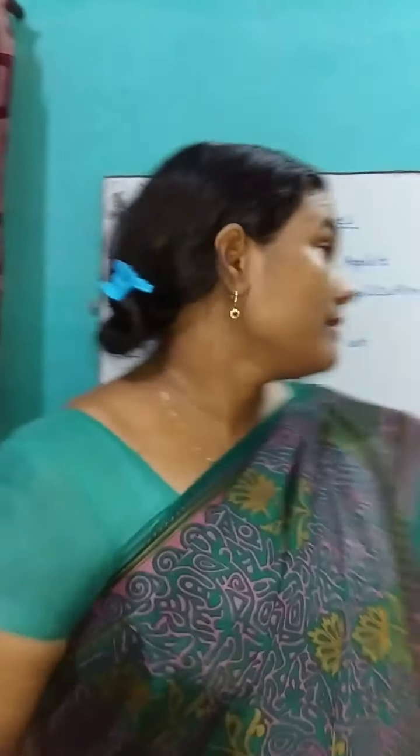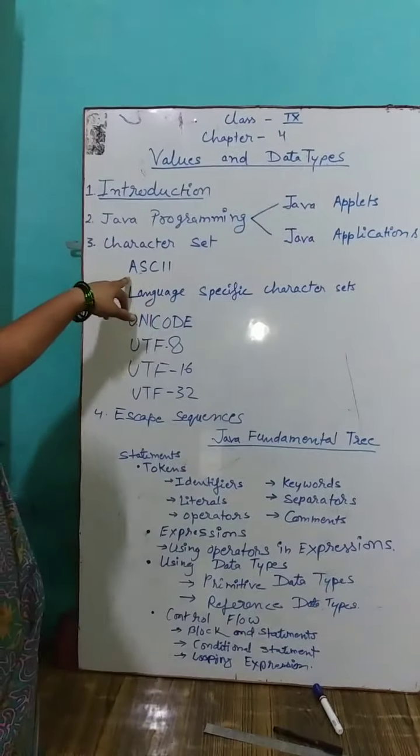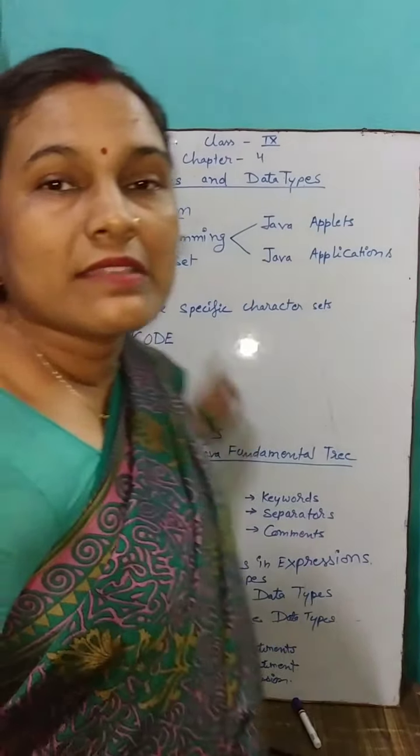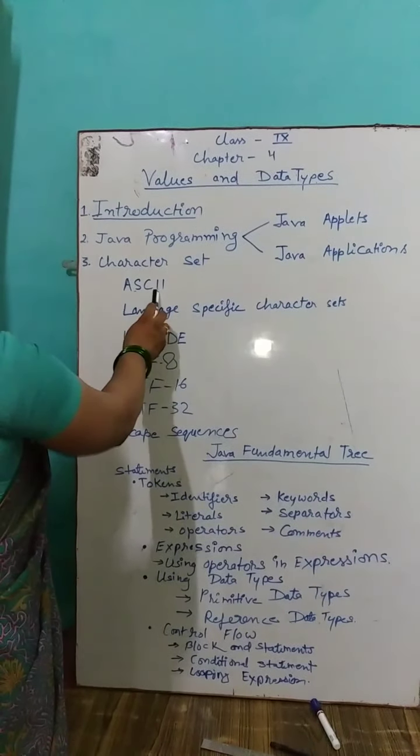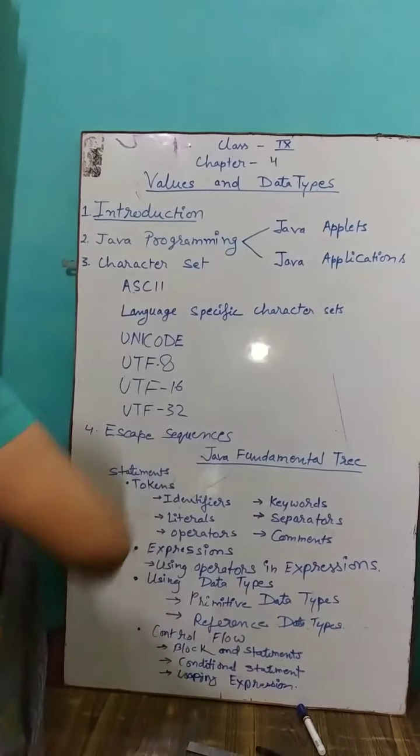These are some common types. First is ASCII. The full form of ASCII character set is American Standard Code for Information Interchange. Again I am repeating, ASCII, American Standard Code for Information Interchange.